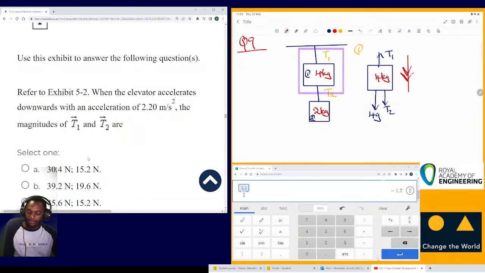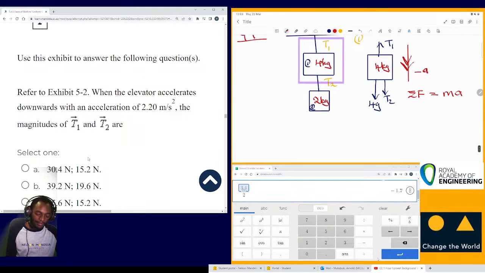All right. So our acceleration, remember acceleration is a vector. Is it going to be positive or negative? It's going to be negative, sir, since it's going down. Good. So now we use Newton's second law of motion. The sum of forces is equal to ma. So let's sum the forces. If you make up the origin, T1 is positive, right?